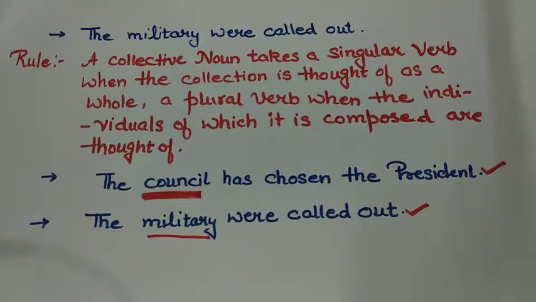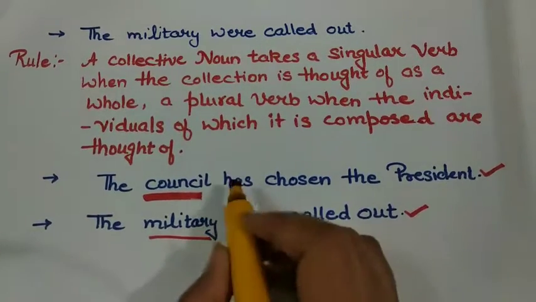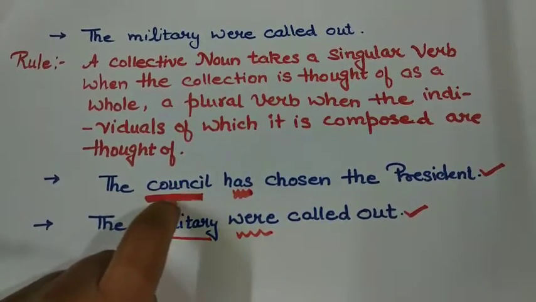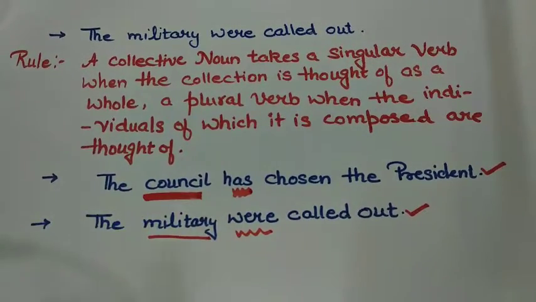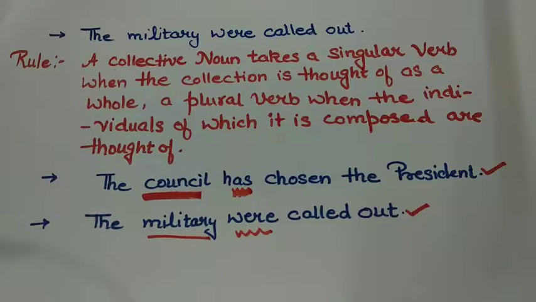But in the second sentence, the military were called out, I am talking about a number of people of which the military is composed. So I have used "were" here, and I have used "has" for the council, because the council is being considered as a complete whole entity, and we are not thinking about the individuals of which the council is composed.